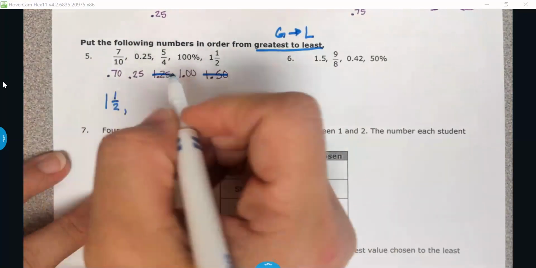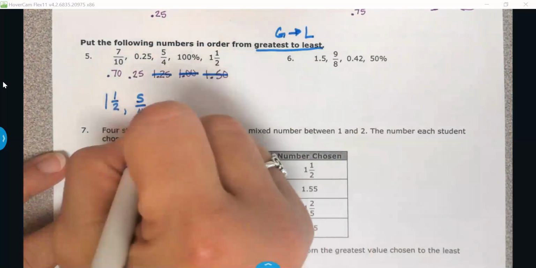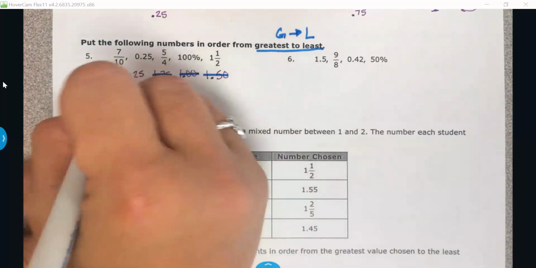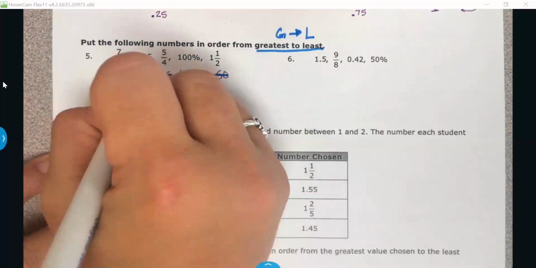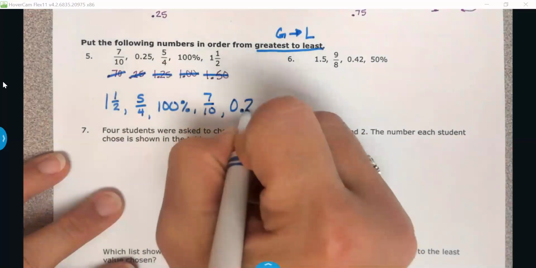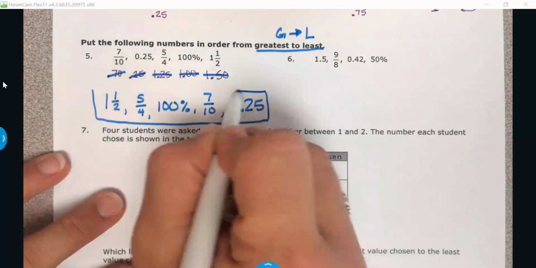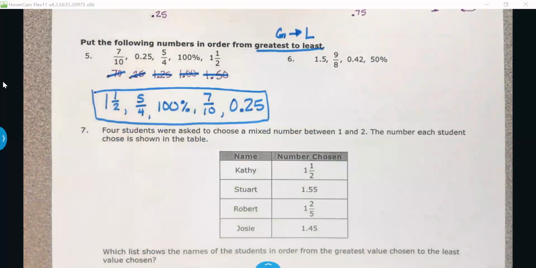Then would be 1.25, which is 5/4, and so on. And please make sure that you circle or box your answers every time. It just makes it much, much easier to find.